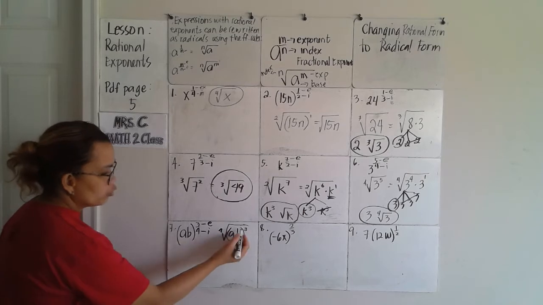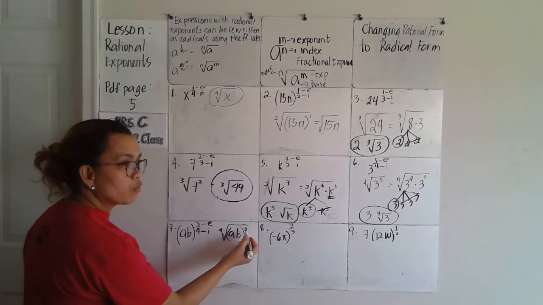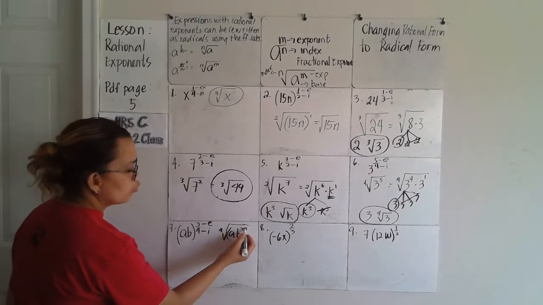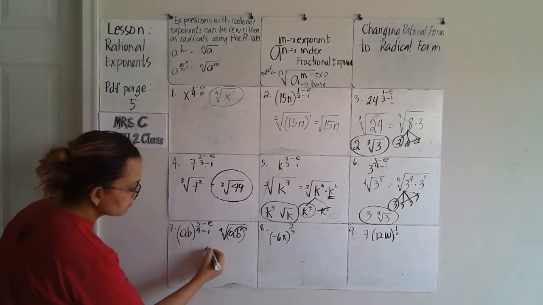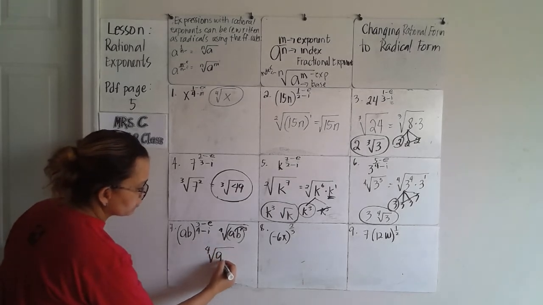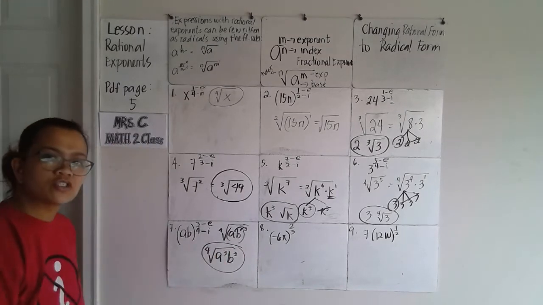Now, we need the exponent rule, power to power or expanded power rule. We need to multiply this and distribute this here. So the final answer would be the 4th root of A cubed B cubed. This is your final answer.